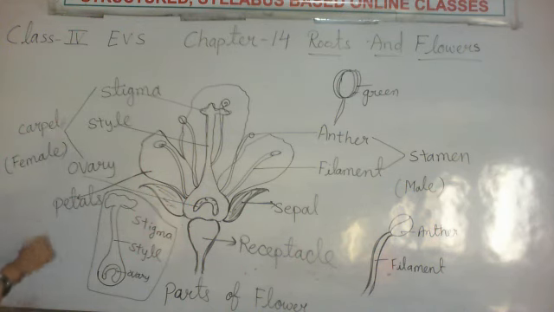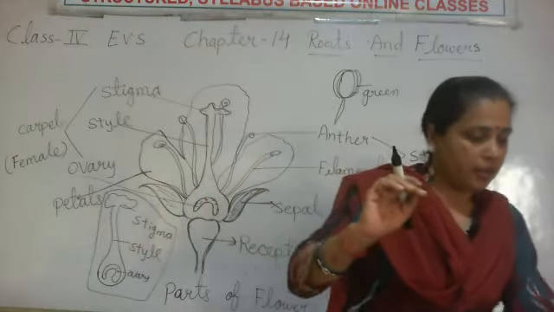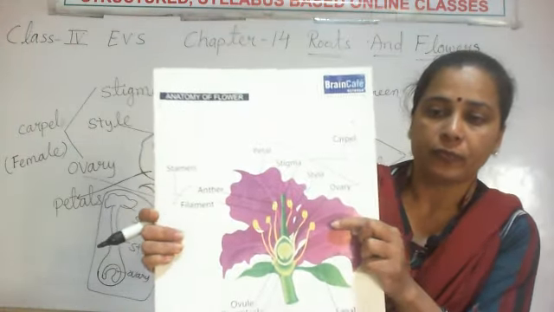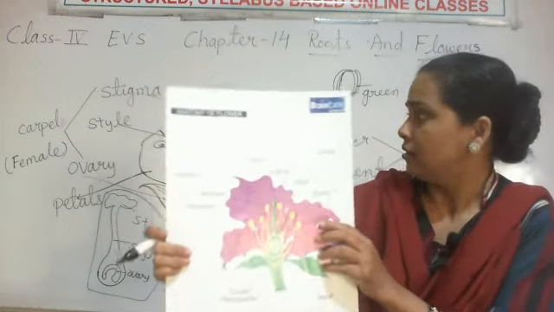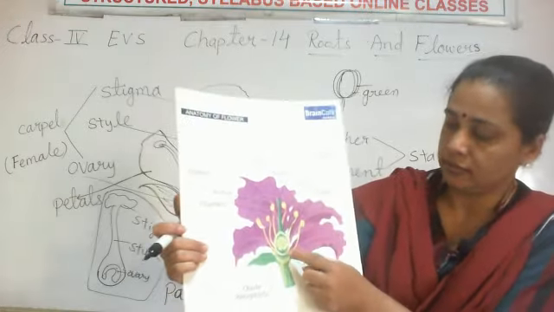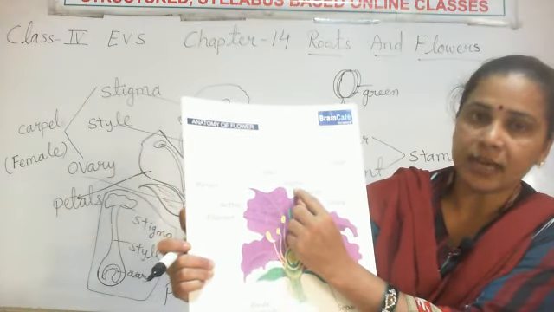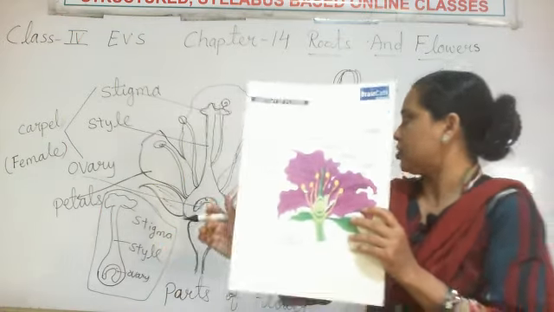Now what is the carpel? This is the female part of a flower. Now look here. What is the color of the carpel? Look here. The stigma is green. Now after that, style is the tube-like structure.